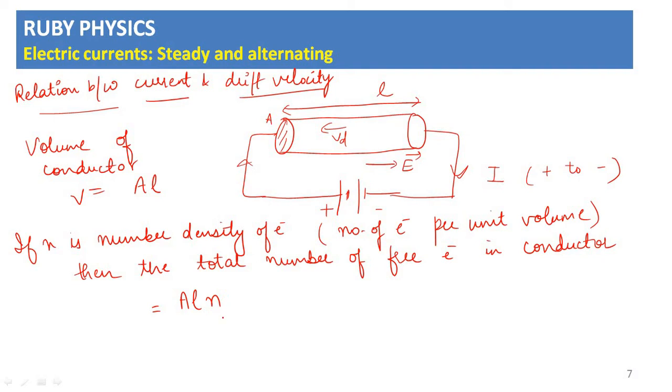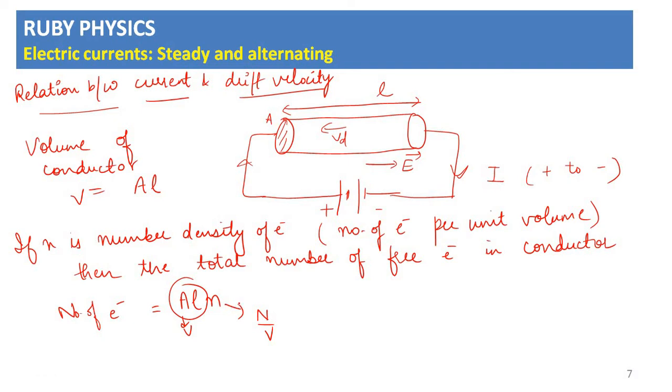Why? Because n is the number of electrons per unit volume, and this term also represents the volume, so the volume cancels out and we get the number of electrons. So the number of electrons can be represented by ALn.